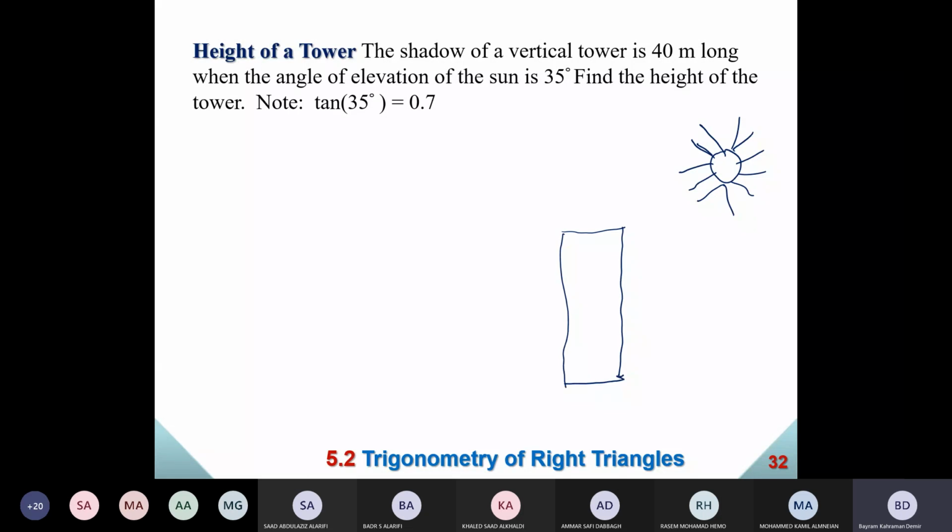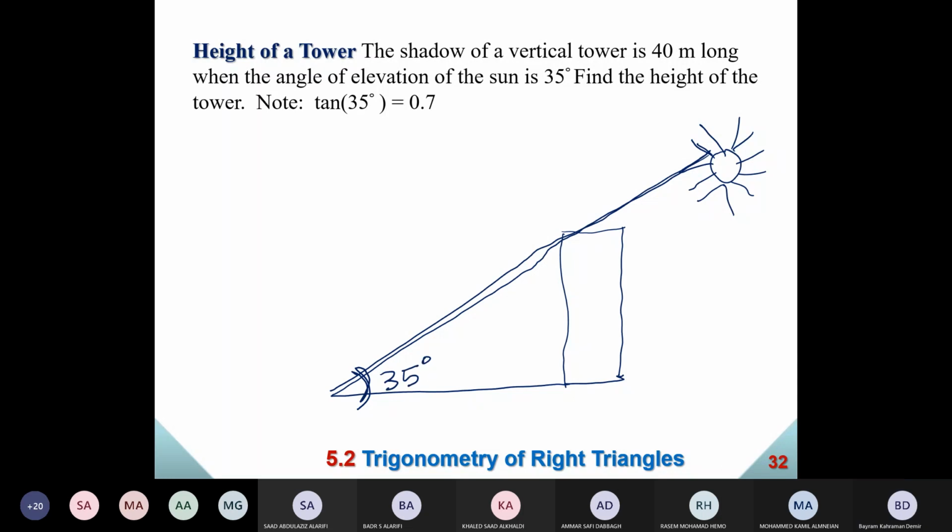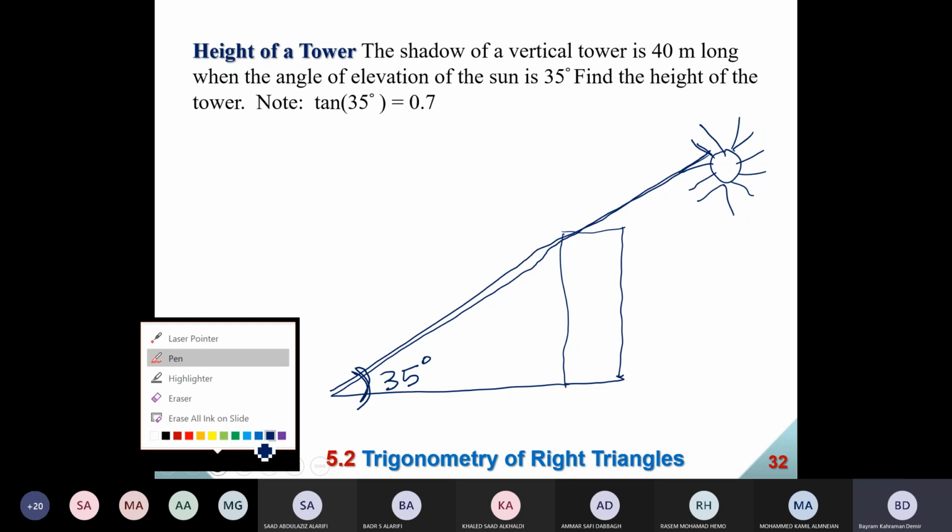Now, where is the shadow of the building? On the right side or on the left side? Left side. Here, sir, the shadow will be on the left side. Eyvah. And this angle of elevation of the sun is this one. Angle of elevation of the sun is 35 degree. The shadow is, let me color it with red.